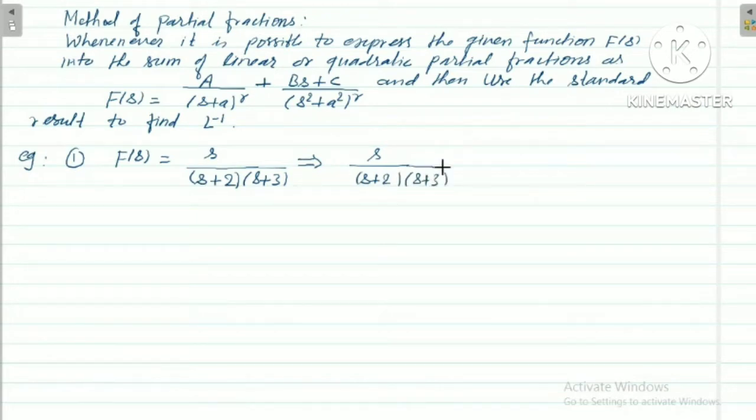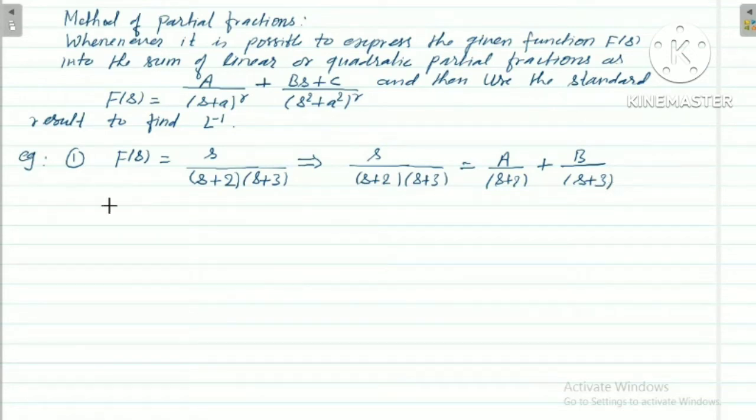Okay, so this is the linear equation. We write here a upon the linear factor, first one s plus 2, and plus b, second linear factor s plus 3. So s plus 2 and s plus 3 are linear factors, so we express this function as a linear partial fraction.